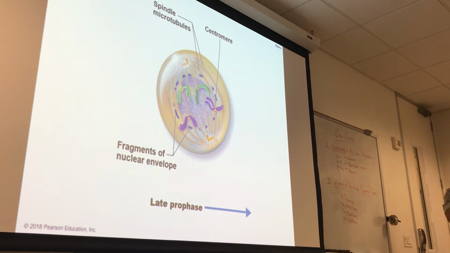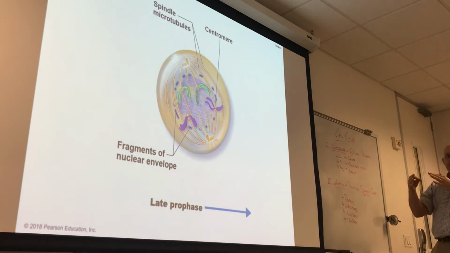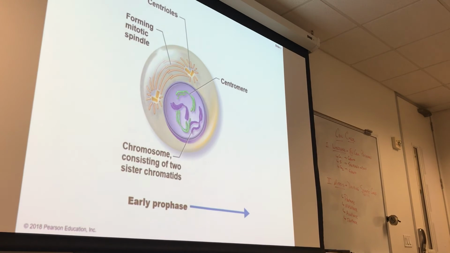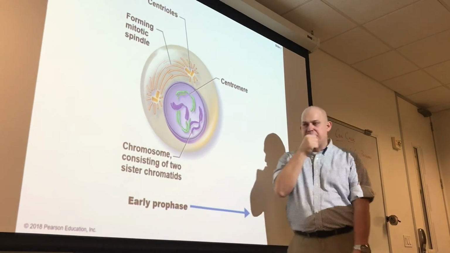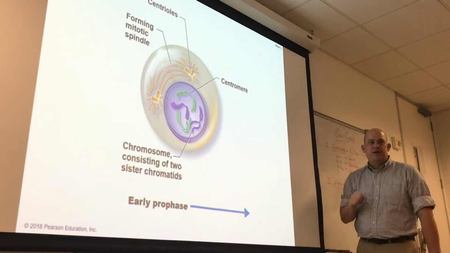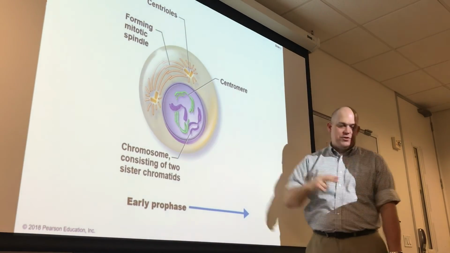There's three things that happen in prophase. I'm going to reiterate just to make sure that there's no misunderstanding. There are three key events of prophase. Event number one is the centrioles migrate and start to produce these spindle fibers. Event number two is chromatin becomes chromosomes.